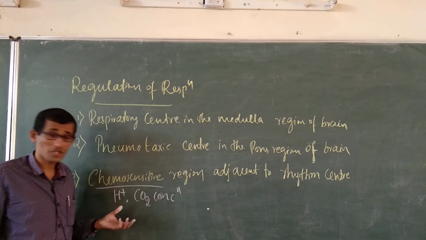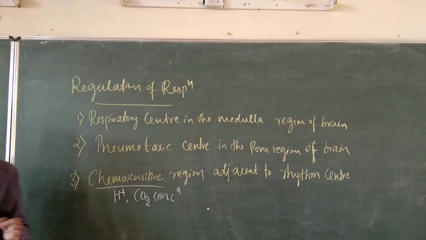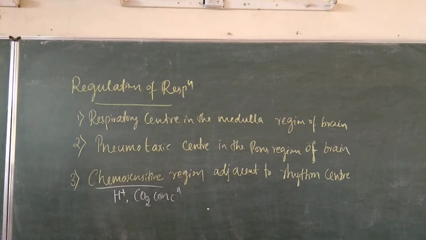So, chemosensitive regions are very important, and those associated with the aortic arch and carotid artery are highly sensitive to carbon dioxide concentration.